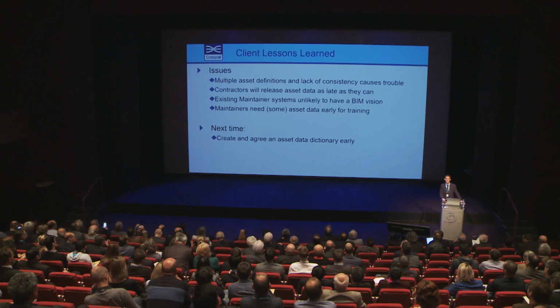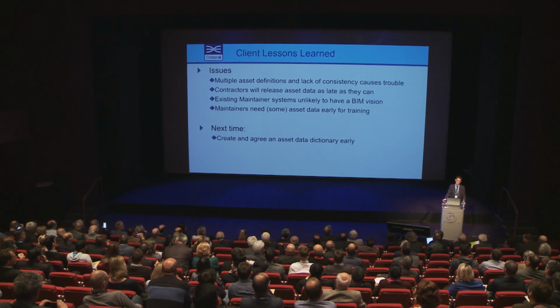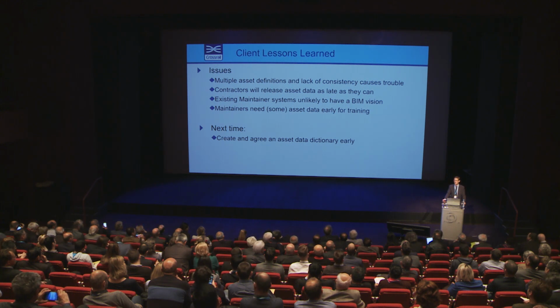Also, again, maintainers need some asset data early for training, especially on projects like this with new trains and new software. So next time, we'll create and agree an asset data dictionary even earlier. You may have heard that Crossrail 2 is happening, which will be going from north to south of London, and that's what they're doing. They're building a complex asset data dictionary early.